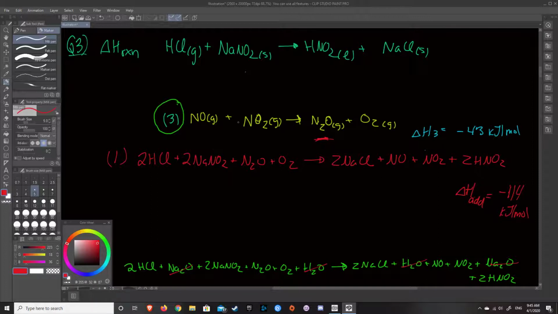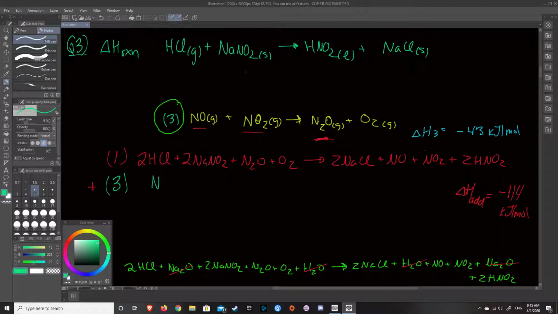So let's see how we can add these together, right? We want to cancel off NO and NO2. It's on the left here and it's on the right here. So we've already got it. We don't need to reverse 3 anymore. So we just need to do plus equation 3.